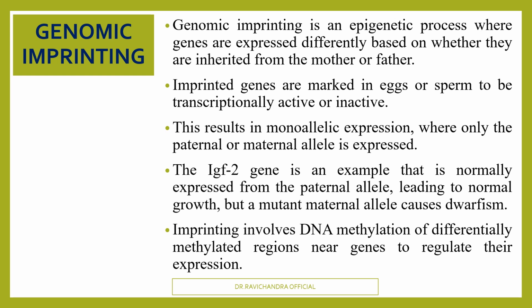The IGF2 gene is an example that is normally expressed from the paternal allele, leading to normal growth, but a mutant maternal allele will cause dwarfism. So in the exam, they may ask you: dwarfism is related to genomic imprinting, what is the gene involved? IGF2. Imprinting involves DNA methylation of differentially methylated regions near genes to regulate their expression.